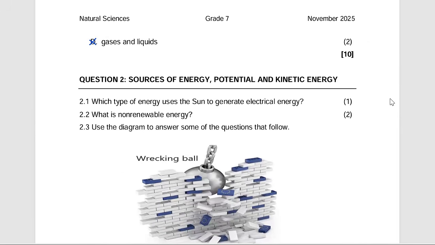Moving on to 2.1, it reads, which type of energy uses the sun to generate electrical energy? So which type of energy uses the sun to generate electrical energy? We use our solar energy. So for the sun there, we're using our solar energy. Solar energy uses the sun to generate electricity. Then 2.2 reads, what is a non-renewable energy?